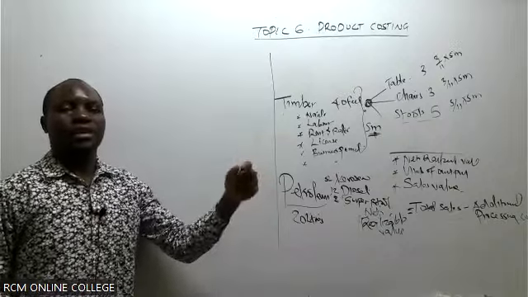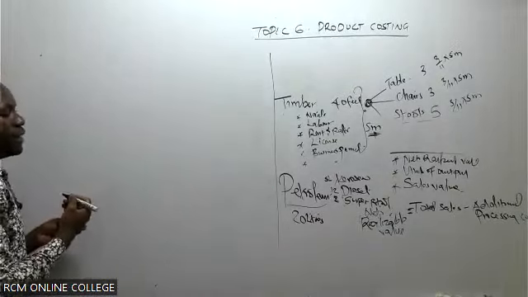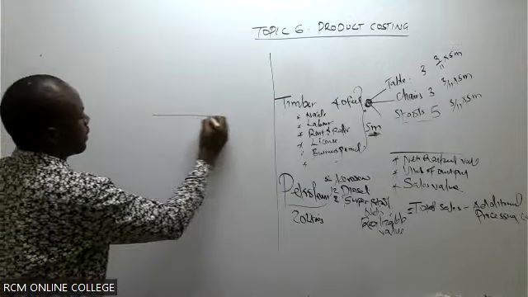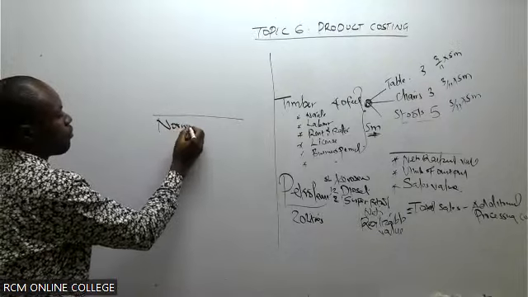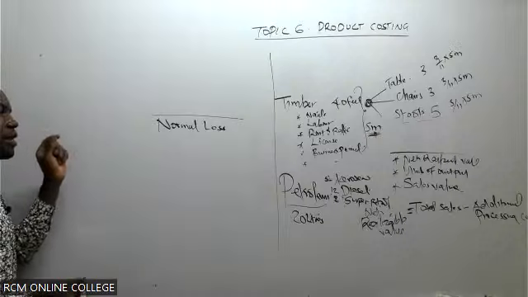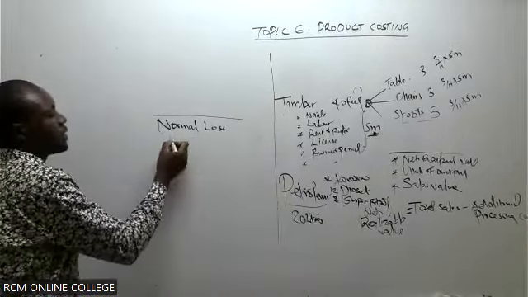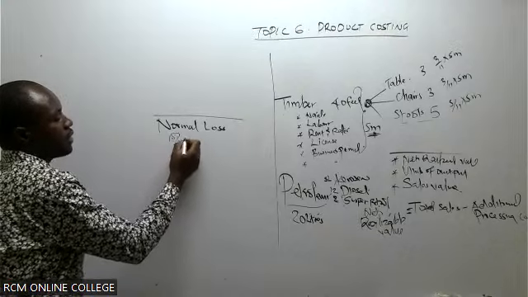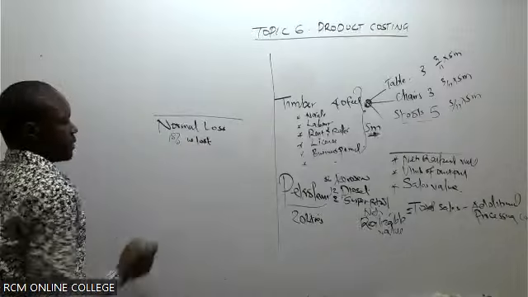1 liter is missing. This 1 liter can be missing based on these factors. One, we can have what we call normal loss. Every time you bring in petroleum to be processed, 10% is lost under normal circumstance.